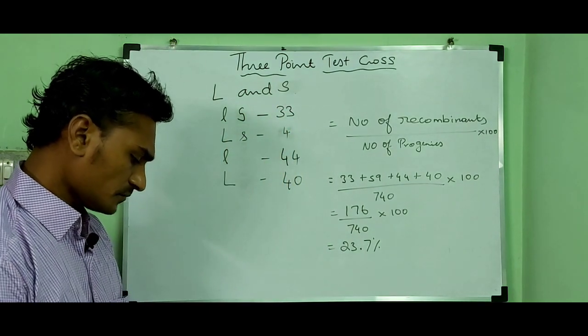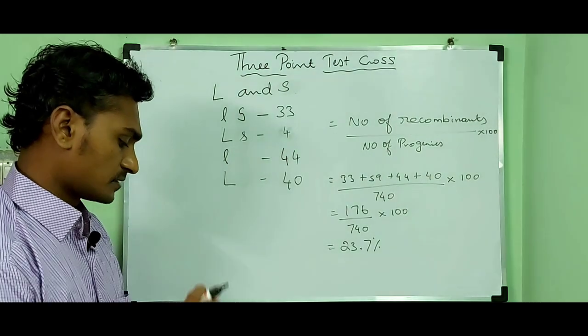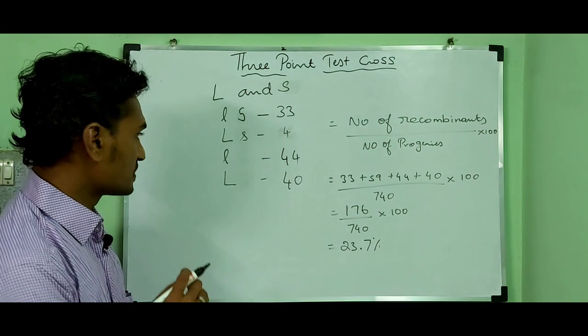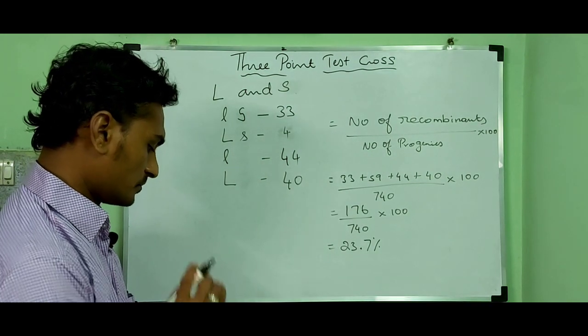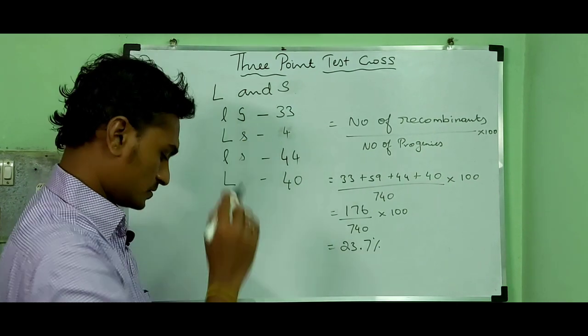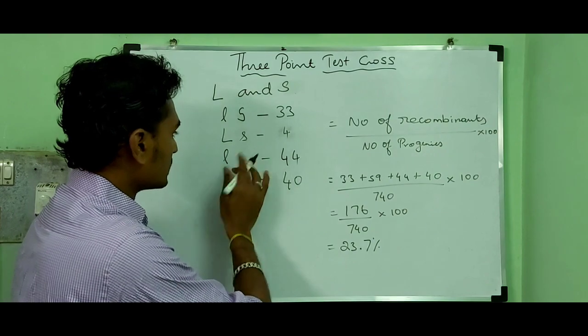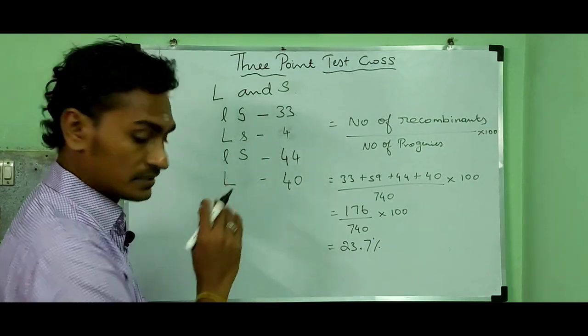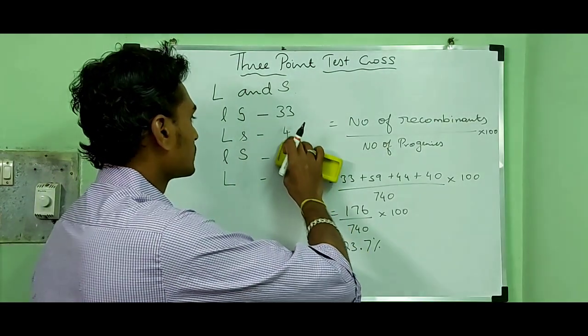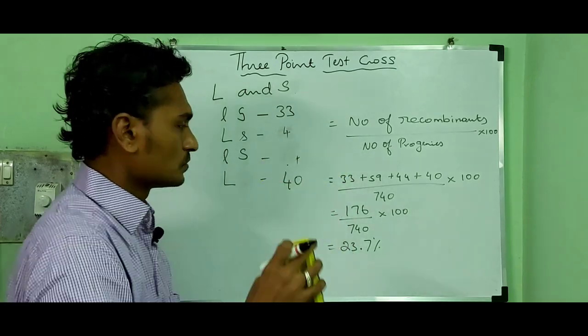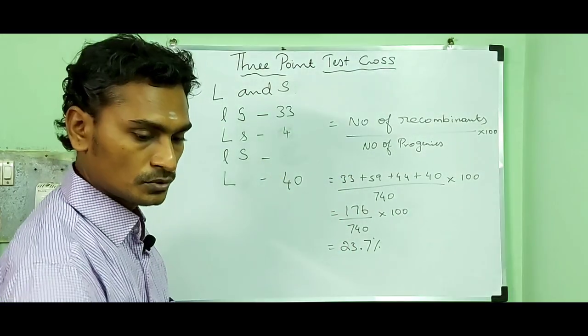Then lazy, glossy, and the gamete type is small l, small s, capital S, and the recombinant number is 2.